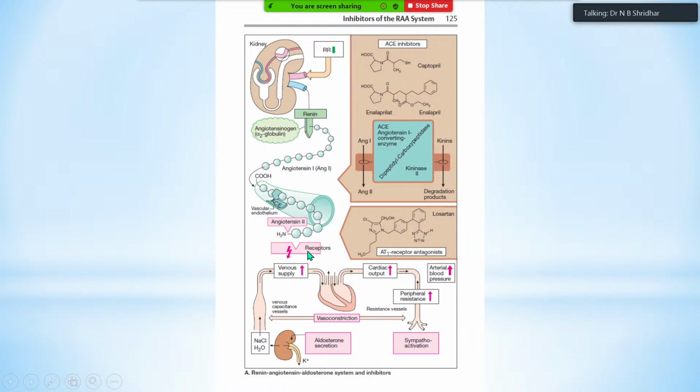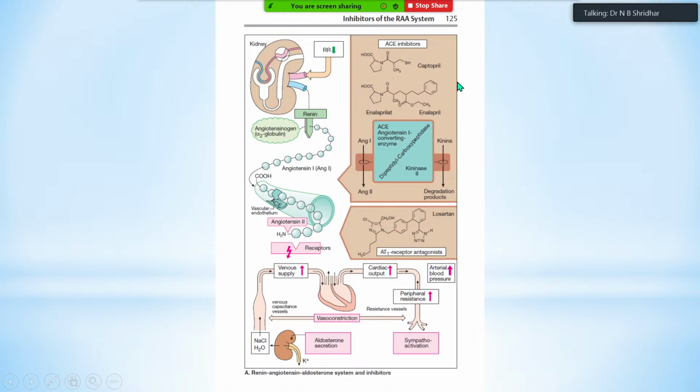Then the receptors, especially the angiotensin 2 receptors, are activated, which in turn act on the vascular endothelium and cause constriction. And angiotensinogen, an alpha globulin, is related to renin and also prorenin. Both act on the renin receptors.